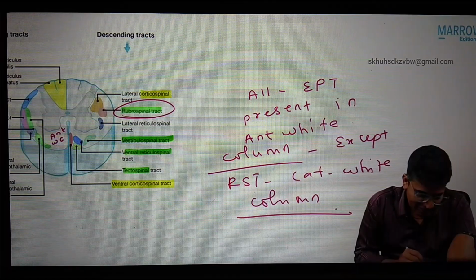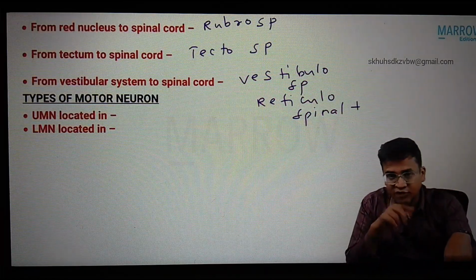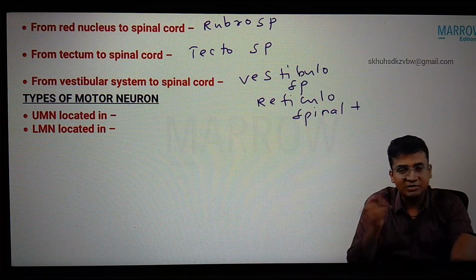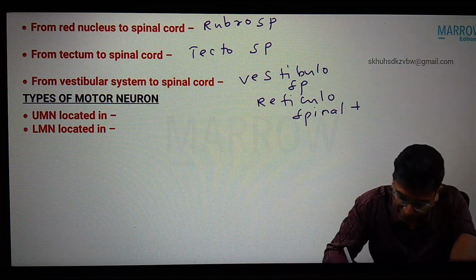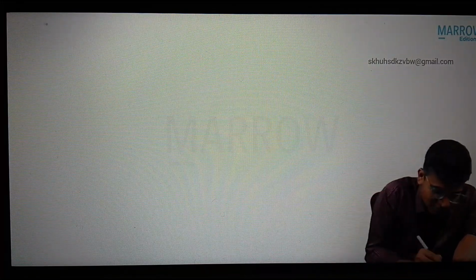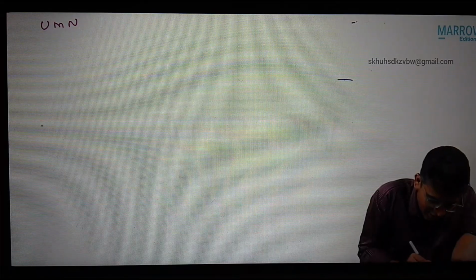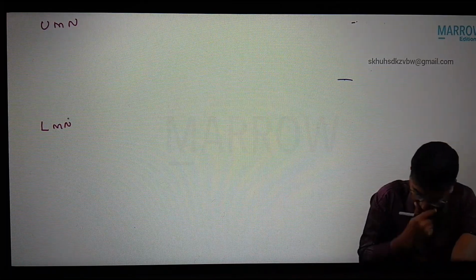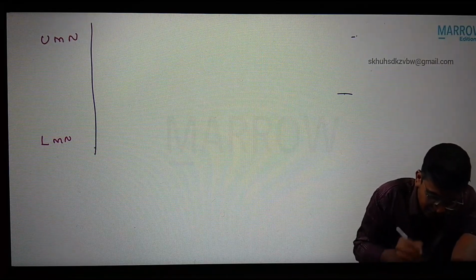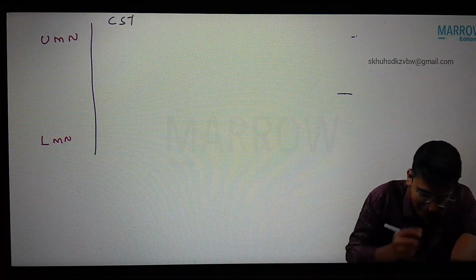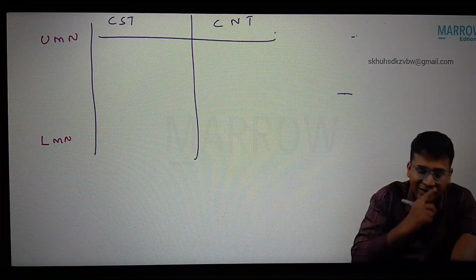Now, in the pyramidal pathway, in the pyramidal tract, two types of motor neurons are present: the upper motor neuron and the lower motor neuron. In the pyramidal tract, we have the corticospinal tract and the corticonuclear tract or corticobulbar tract.